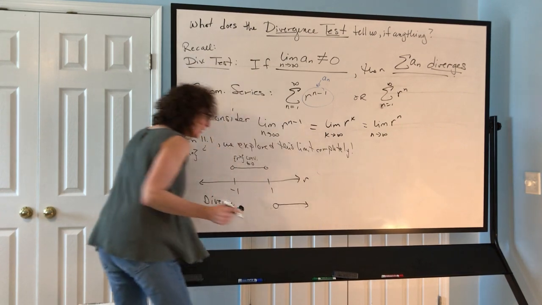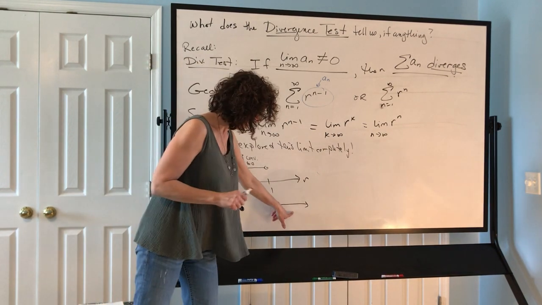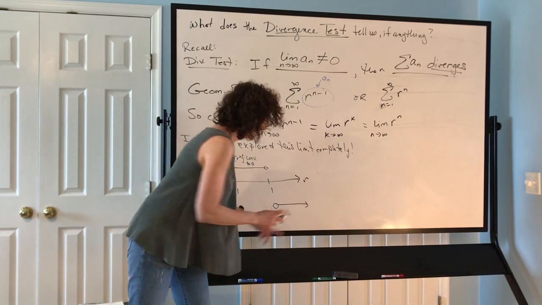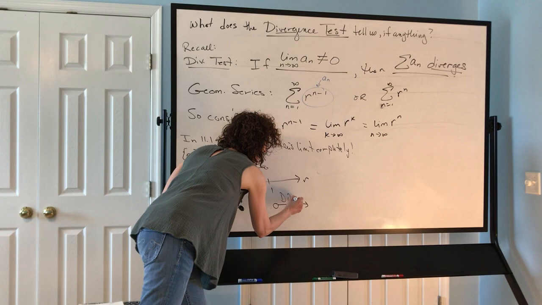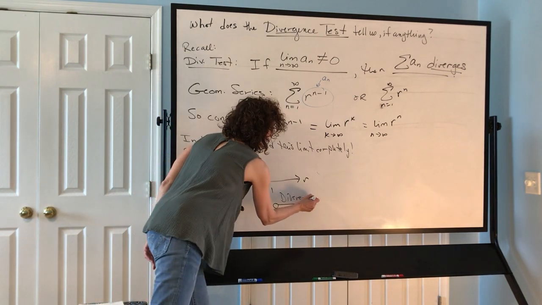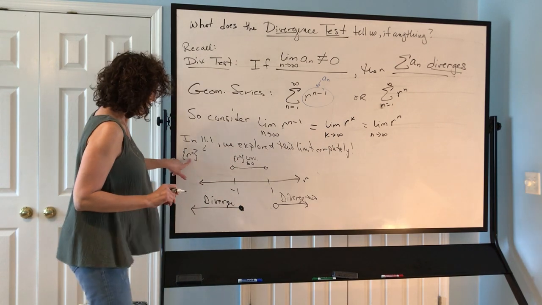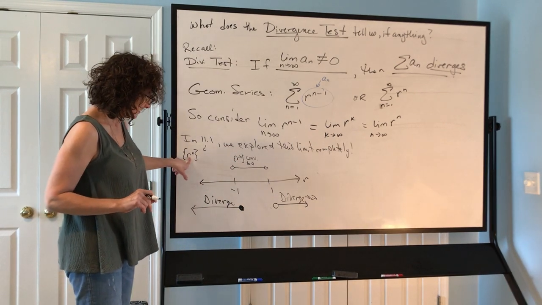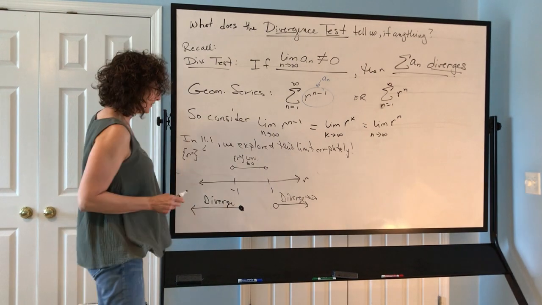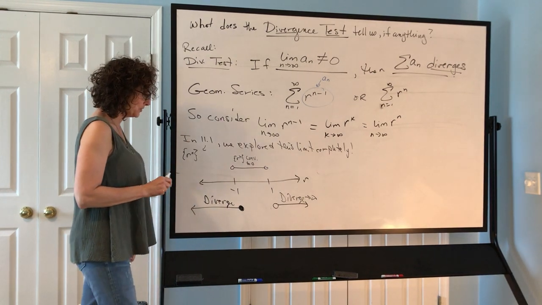I even suggested you try to prove for yourself that that sequence diverged. If r was bigger than 1, it would go off to positive infinity, just like 2 to the n going off to infinity as n goes to infinity.